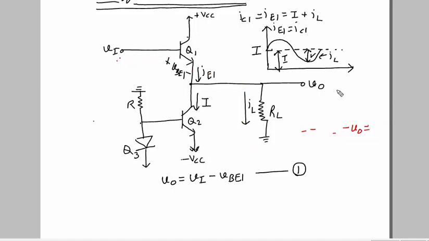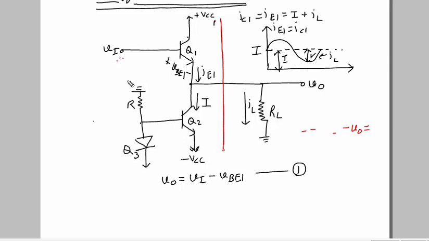Let us have this KVL here, from here to here. We'll see that plus VCC minus VCE1 minus V naught equals 0.